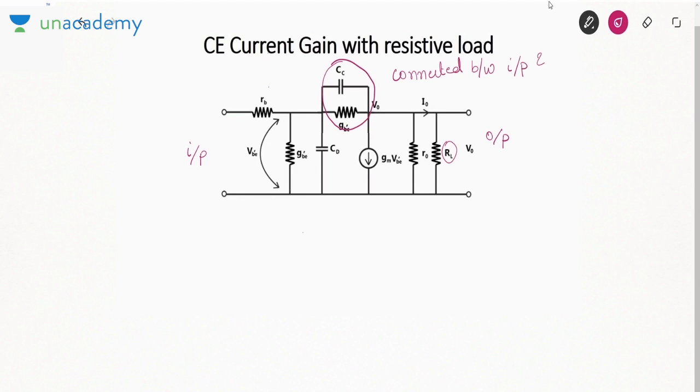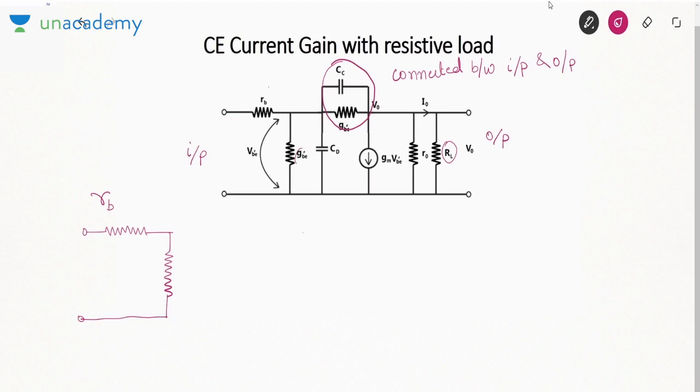And I told you, whenever any impedance is connected between input and output, the analysis is difficult. So what do we do? We use Miller's theorem. Why do we use Miller's theorem? We use Miller's theorem to resolve that into an input impedance and an output impedance.